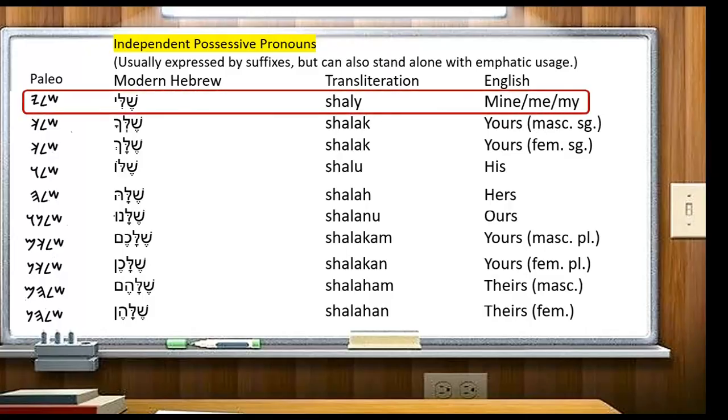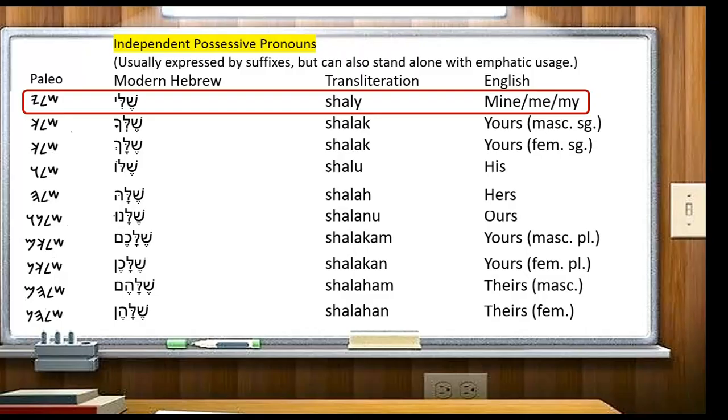In, I believe, lesson 24, when we looked at familial and other relationships, you would recall the possessive pronoun shali being used to speak of my mother, my father, my grandmother, my aunt, my brother, my cousin, my friend, shali, where the yad was placed at the end.